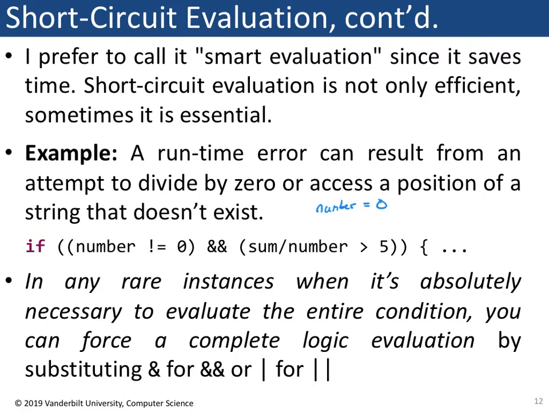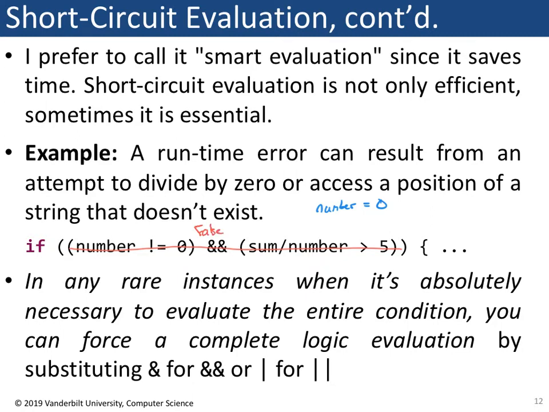So, on the left, we say number is not equal to 0. Well, actually number is equal to 0, so this will yield a false value. So when we evaluate this logical AND operation, this value is false, and therefore we will short circuit the entire Boolean expression to a value of false.